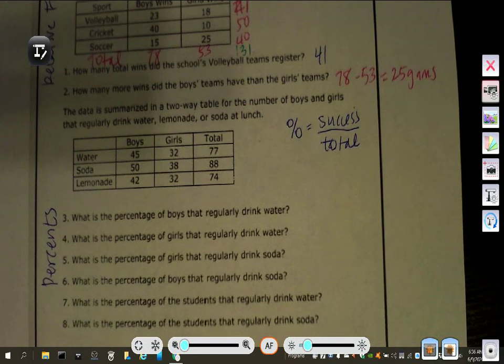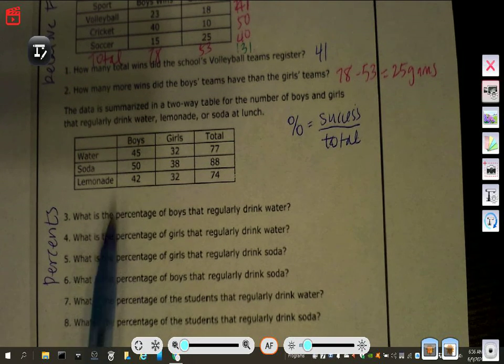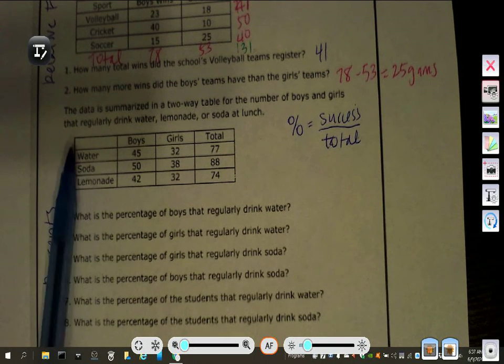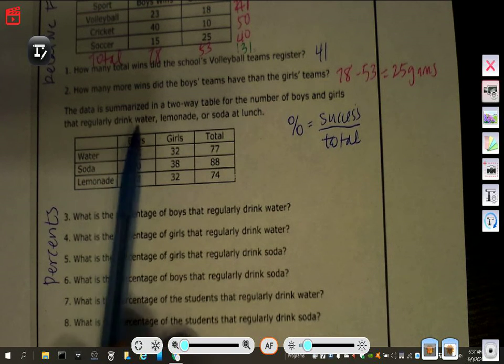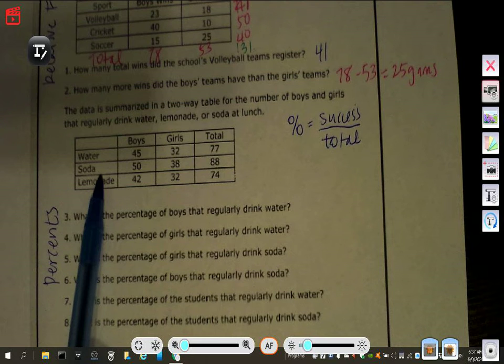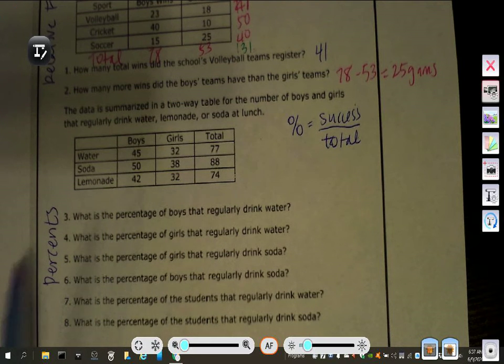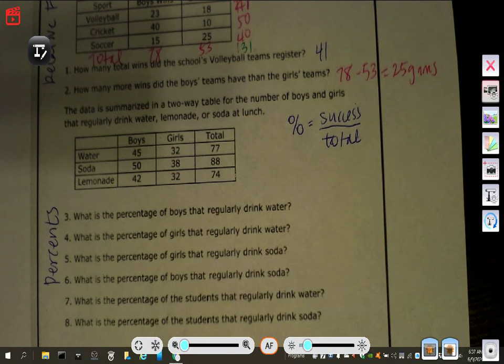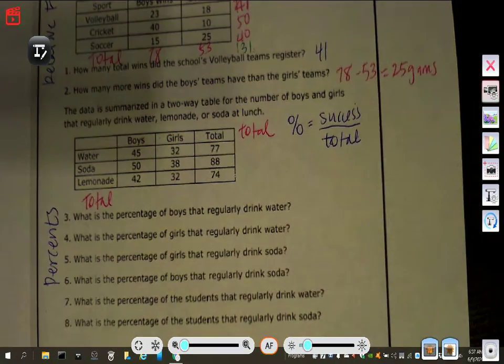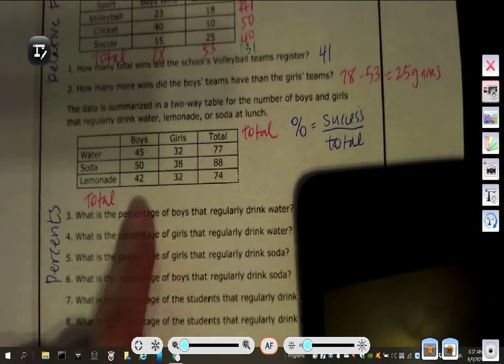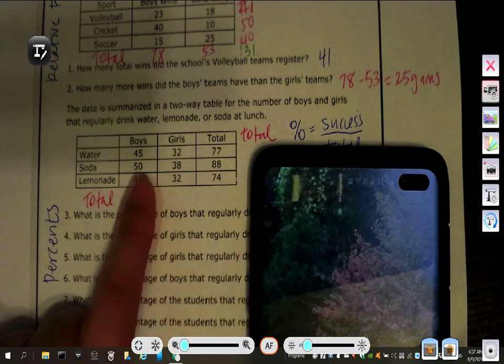So let me read you the table for question number 2. The data summarizes a two-way table for the number of boys and girls that regularly drink water, soda, or lemonade at lunch. Again, just like in lesson 5.2 or the question above, you're going to add the total row and column. Let's add sideways.